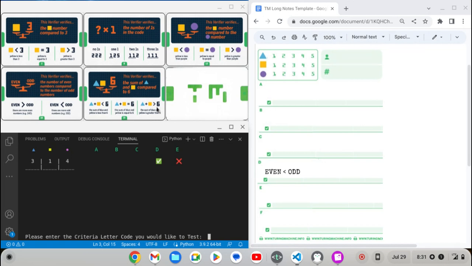So let's go ahead and type that up in section E. So we have triangle plus square should be either equal to 6 or greater than 6.